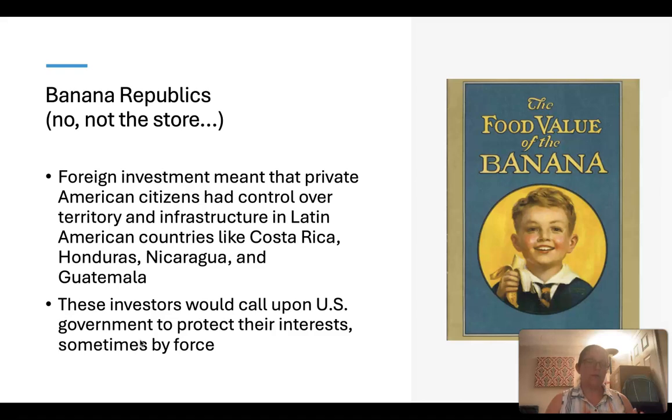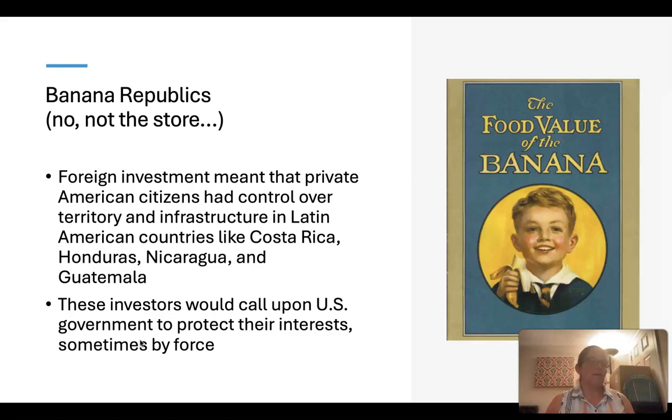When Costa Rica defaulted on loans that it had taken out for building this railroad, the Costa Rican government gave Minor Keith ownership of the tracks and about 80,000 acres of land alongside the railroad tracks. Keith says, okay, I'm going to turn around, I'm going to plant bananas on this land.